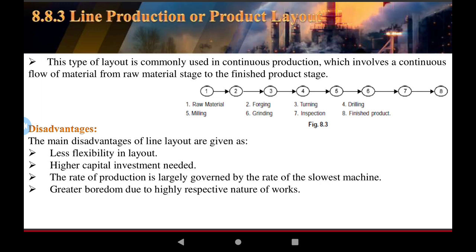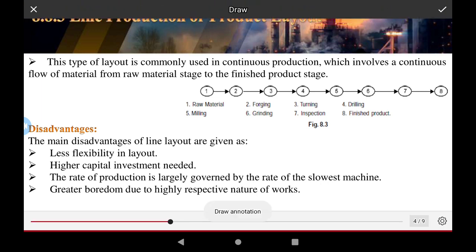The line layout is commonly used for continuous production, which involves a continuous flow of material from raw material storage to finished product storage. First, the raw material is collected in the plant. Second is the forming operation, in which the raw material is converted into the mold form.